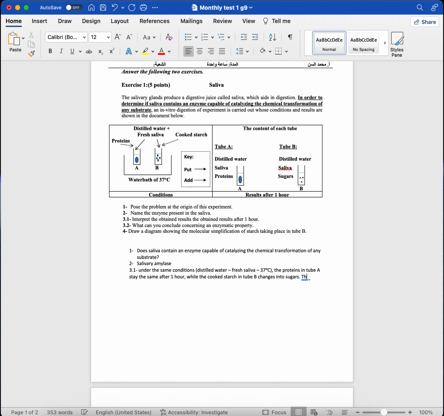Thus digestion of starch takes place in tube B only, by saliva, and doesn't take place in tube A with proteins.